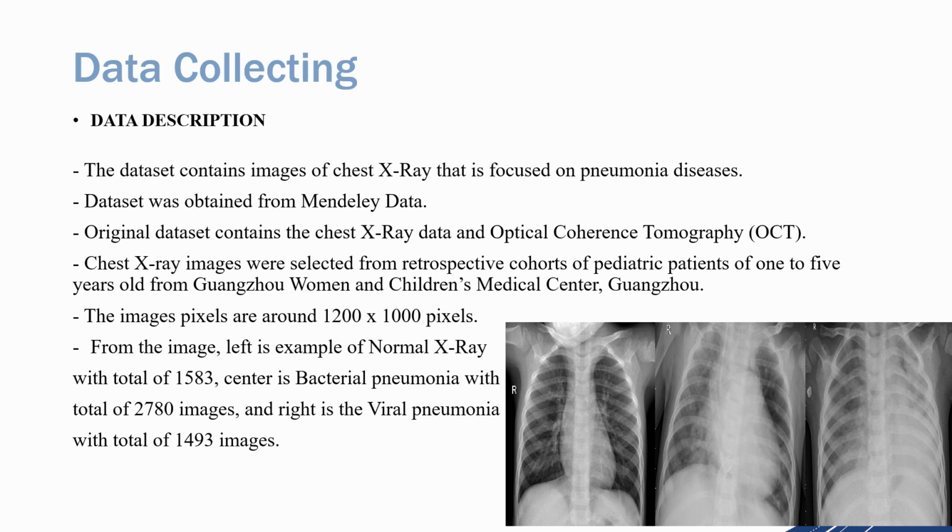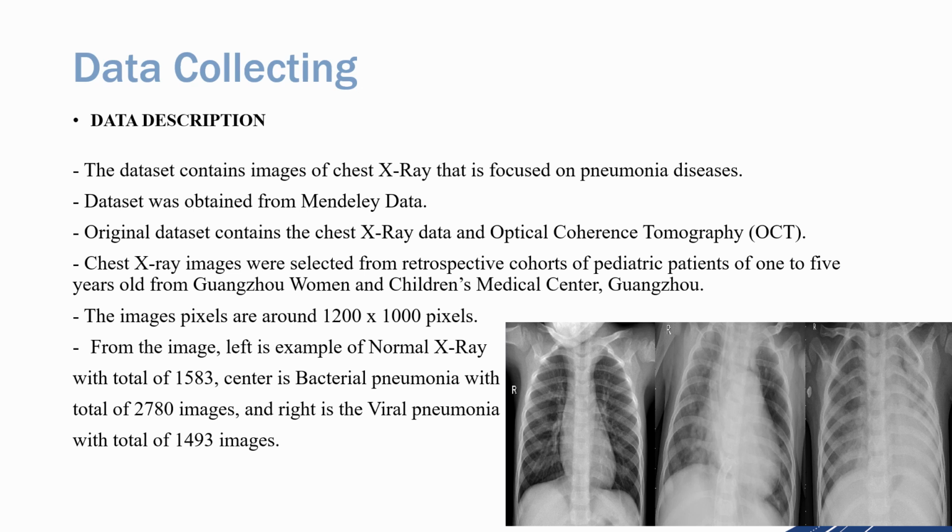All chest X-ray imaging was performed as part of patients' routine clinical care, and the image pixels are around 1200 by 1000 pixels. We can see from the image, the left one is the example of normal X-ray with a total of 1583 images.